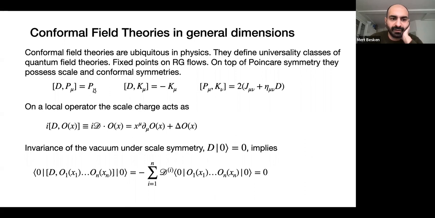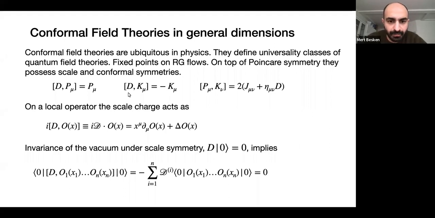So what do I mean by scale symmetry? By that I mean on top of your momenta, which I denote by P here, and the Lorentz generators, which I denote by J_mu nu here, you have this extra scale charge D, and its commutator with the momenta gives back the momenta. There's also something called a special conformal generator.